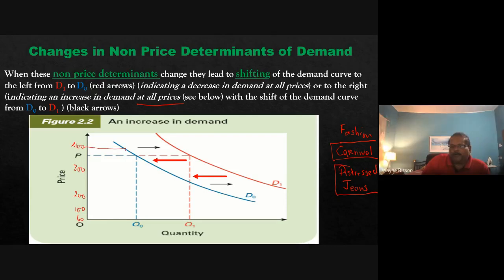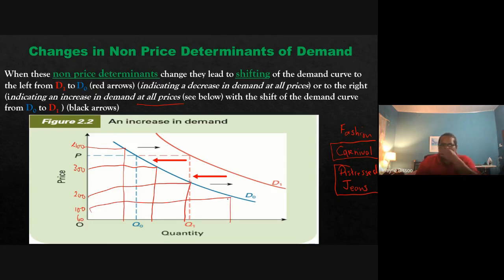So it means that before, we would have had demand looking like this at the original price. Now we're not putting a supply curve here just yet, but we're just simply looking at what's going to happen. So now that it became fashionable, what you found happening is that more people would want to purchase those types of distressed jeans, so the demand curve would pick up and go across here.